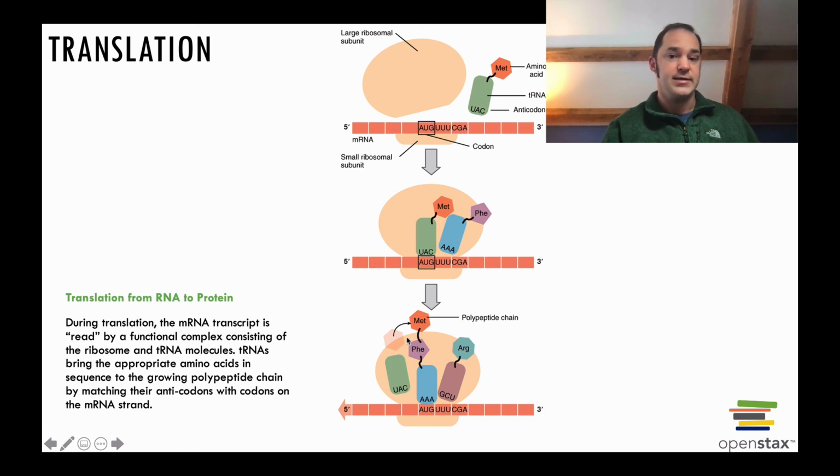to the enzymatic site where they are joined together in a chemical reaction to form the polypeptide chain, the growing protein. So you can see the ribosome just keeps moving down the RNA, and it bumps off the old tRNA and keeps bringing in new transfer RNA molecules, and they keep bringing in the correct amino acids to grow the polypeptide chain.